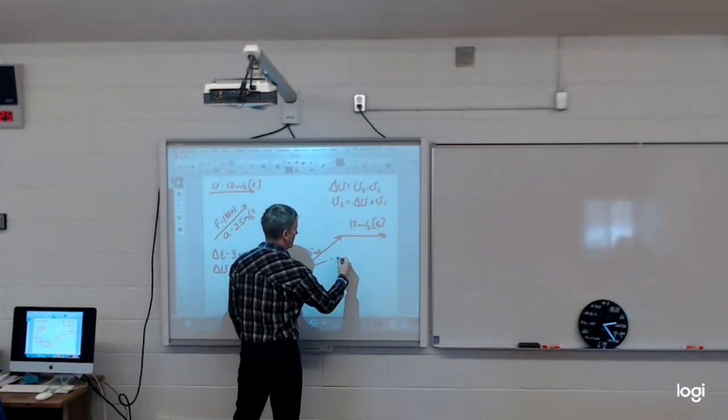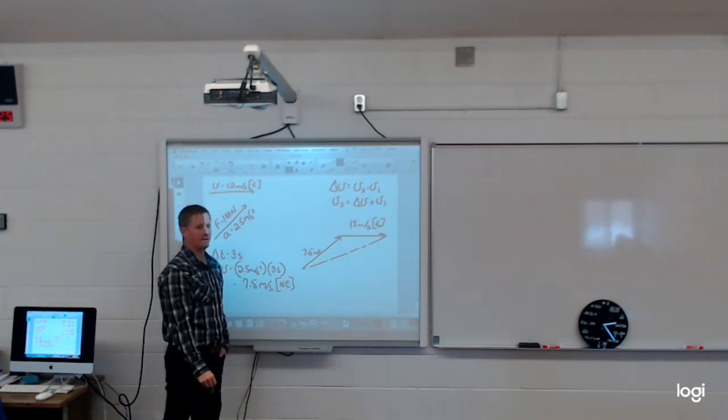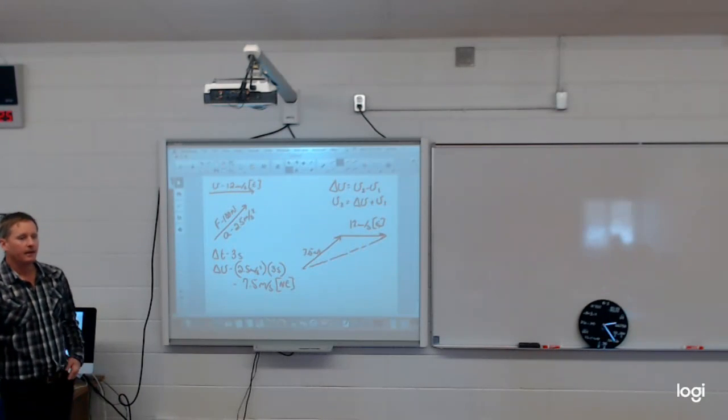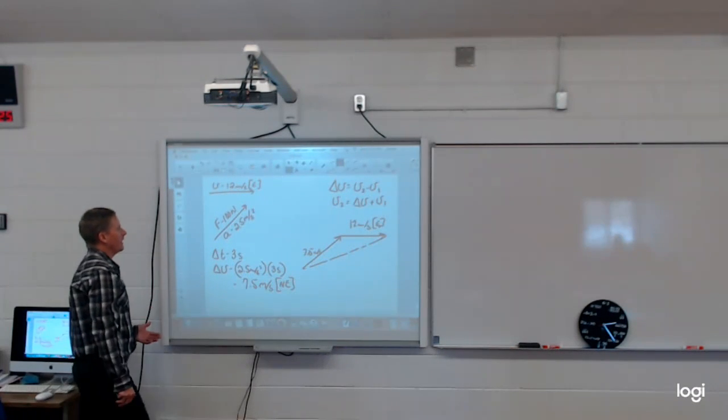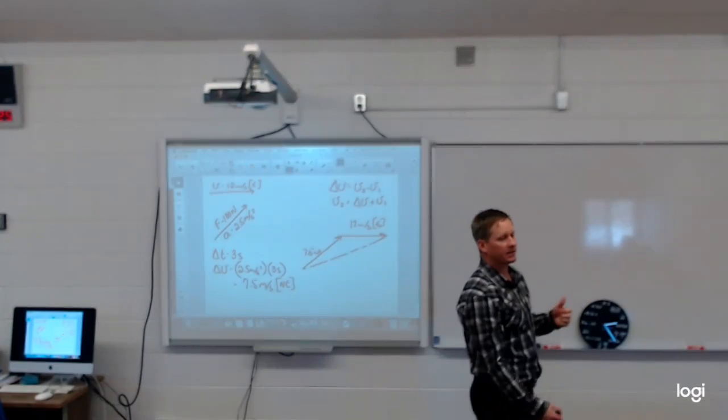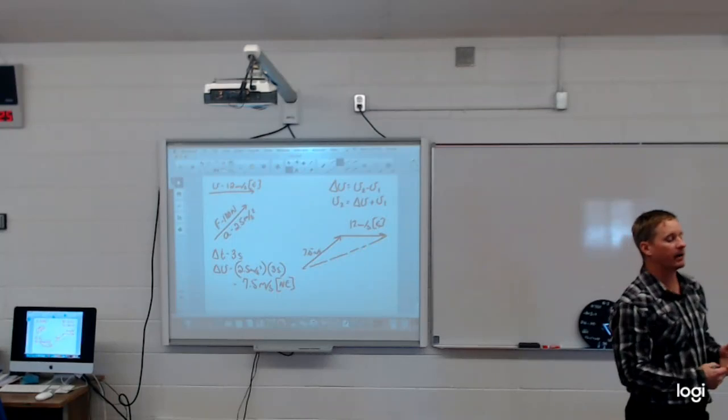And this right here would be my v2. So what we had done in the past is we know that change in velocity is v2 minus v1.